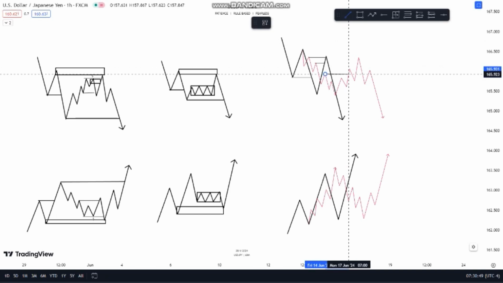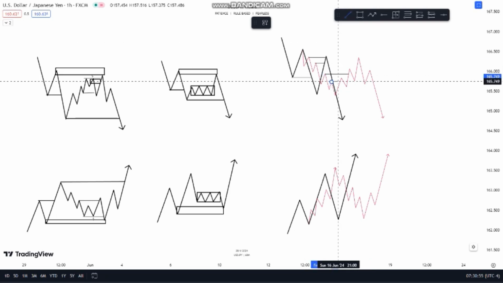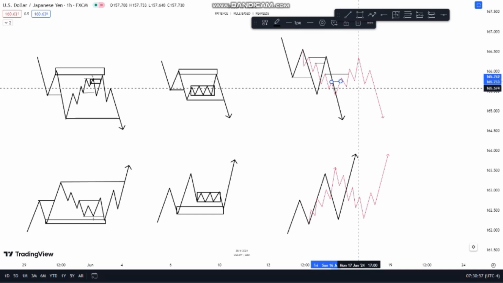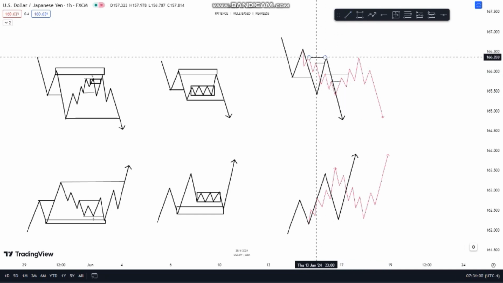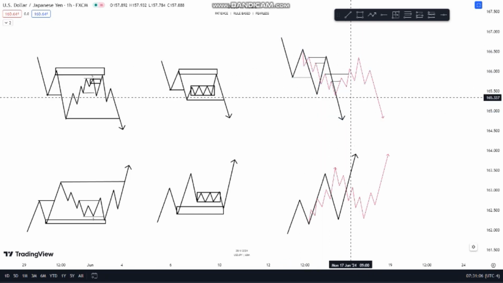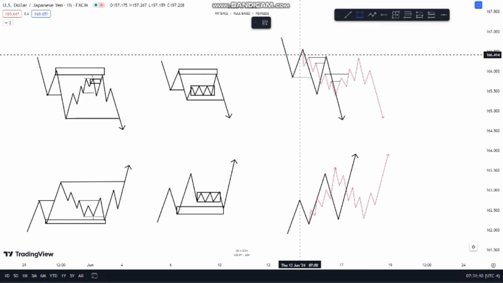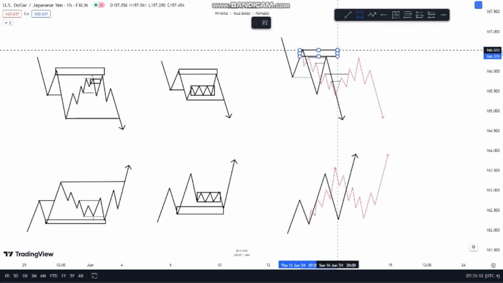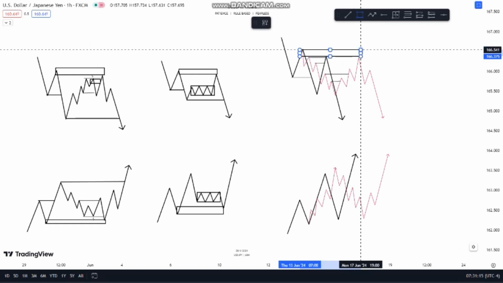Price will be swiping it until it gets to the supply that it wishes to sell from, because this one is a bearish example of internal range.